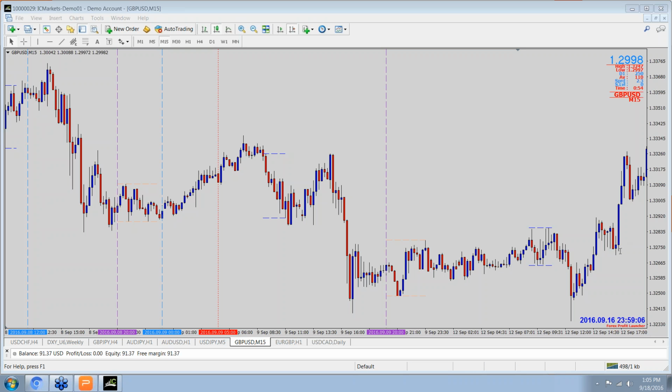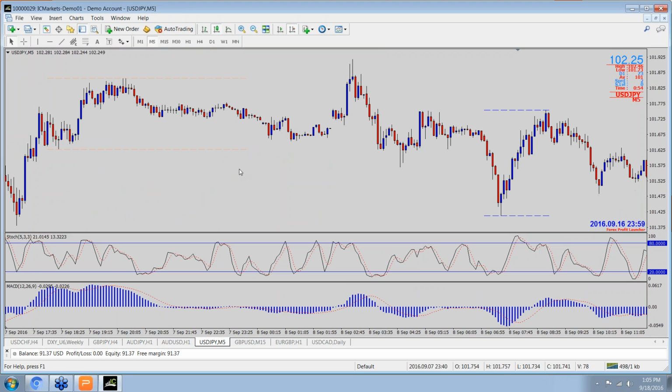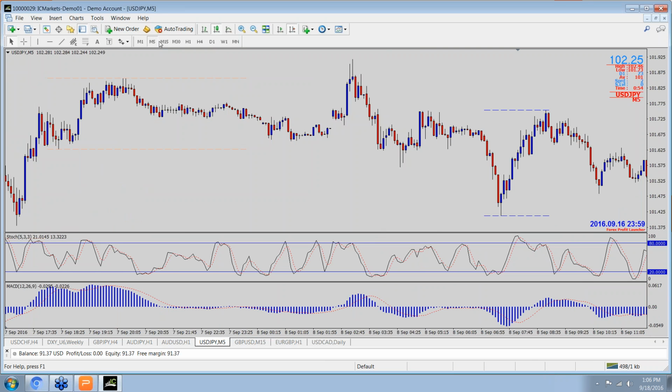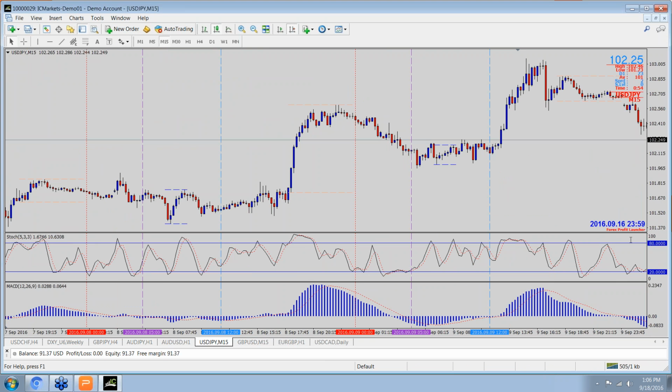An Asian example. Okay, I can try to show you an Asian example. I'm not too sure if this is going to be as good on the Asian sessions. I know I like to use this more for Great Britain pound and Euro USD. But definitely, let me do an Asian session. Let me see what I can do.